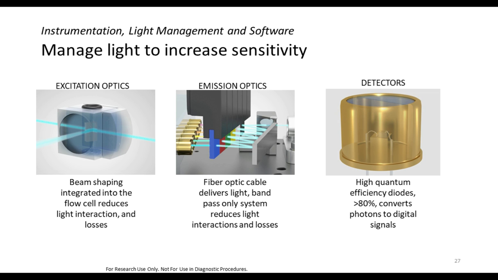And we can also think of this as this system is designed to collect all of the light, and then the software is smart in order to manage the interpretation of that light movement. And then once again, we've got highly efficient, high quantum efficiency photodiode detectors on board, which are known for their efficiency across a broad range of emission wavelengths, and also have a really good conversion of photons to digital signals.